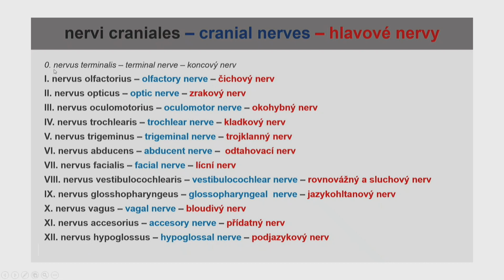You see here the cranial nerve number 0, which we are going to discuss, is a little bit complicated. This is the terminal nerve, or nervus terminalis. It has a very close relation with the olfactorius, but it doesn't belong to the olfactory nerve.